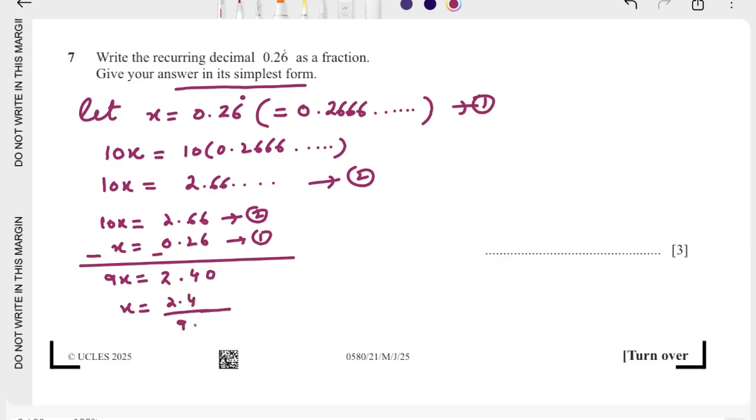To remove this decimal we have to multiply by 10. So x is equal to 24 over 90. We have to further reduce: 3 times 8 and 3 times 30, and 2 times 4 and 2 times 15. So the final answer would be 4 upon 15.